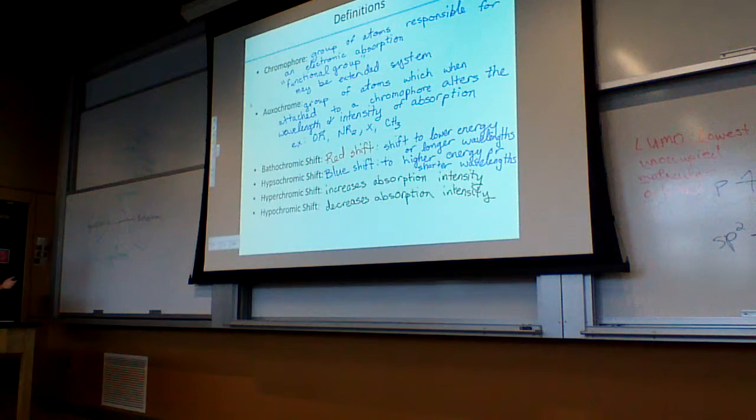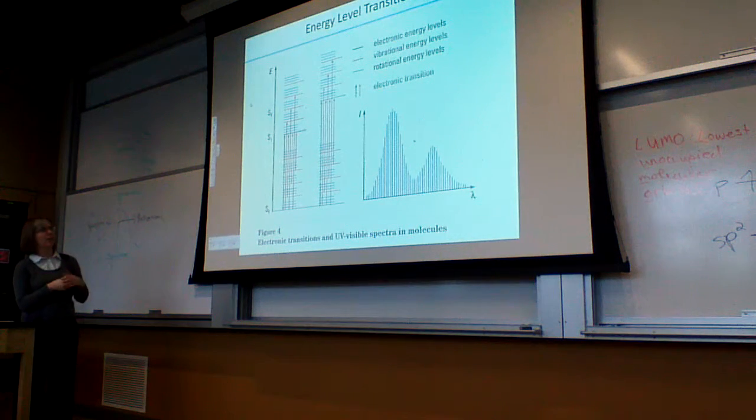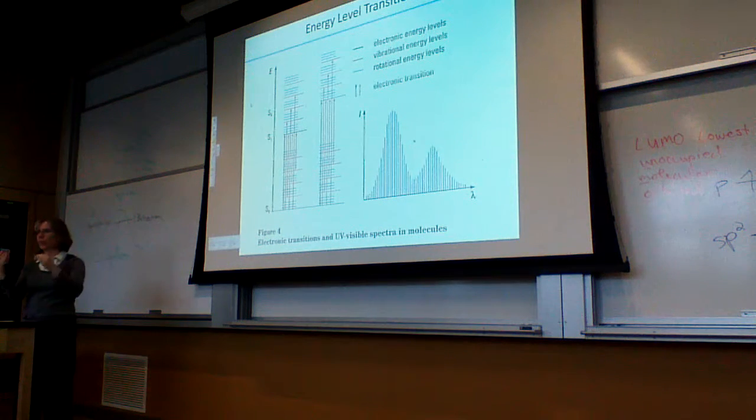So we're talking about one transition from, say, pi to pi star in your system, and you would think that would just take one energy light. So one photon of light at the exact energy is going to give us that absorption. But it turns out that your peaks are actually a combination of electronic transitions to the different electronic energy levels, but we've also got vibrational energy levels and rotational energy levels that are interspersed within those electronic energy levels.